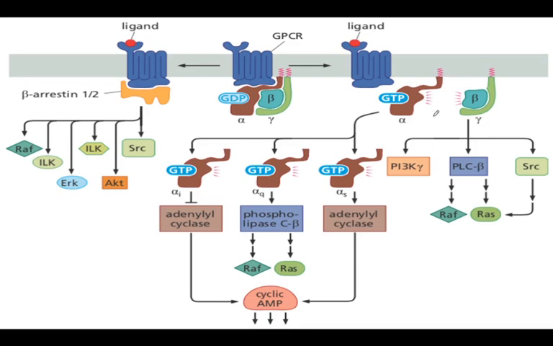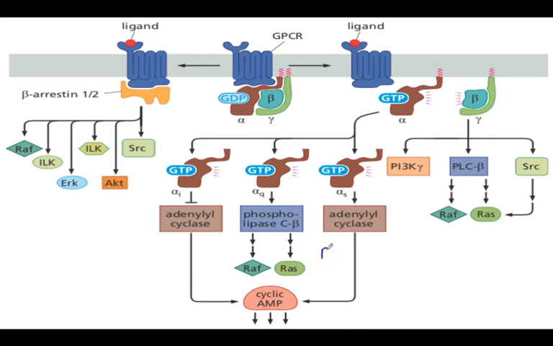Alright, the next thing about this GPCR pathway is elaborated over here. Now there is a ligand, then there is a 7 transmembrane protein structure, and if we focus over here, G alpha and beta and gamma remain in inactive form with GDP. Once it is active, it is responsible for both stimulatory and inhibitory roles. In the stimulatory role, it is responsible for the activation of cyclic AMP via the adenyl cyclase enzyme, and it is also responsible for phospholipase C beta activation, which leads to the cleavage of PIP into inositol and diacylglycerol.